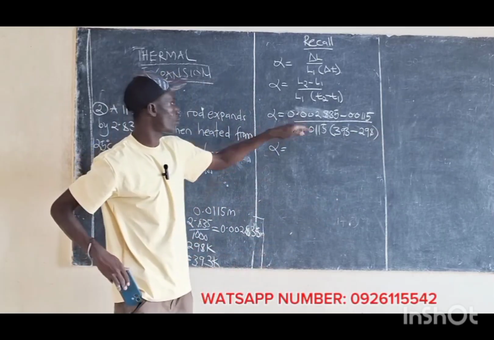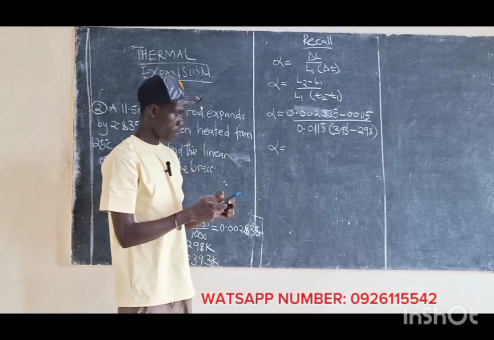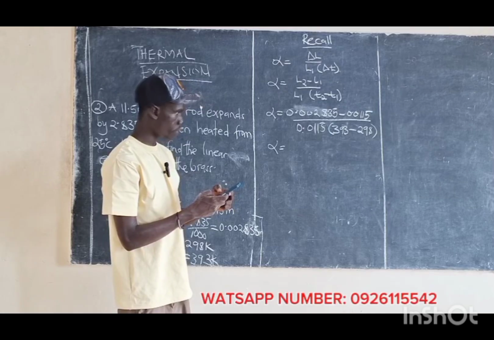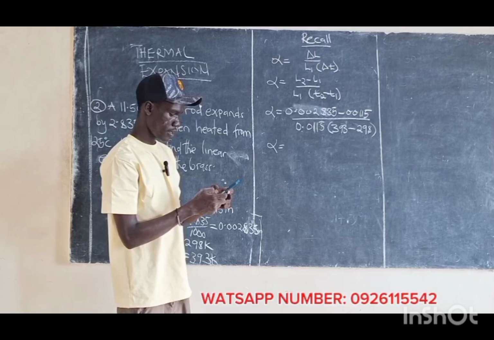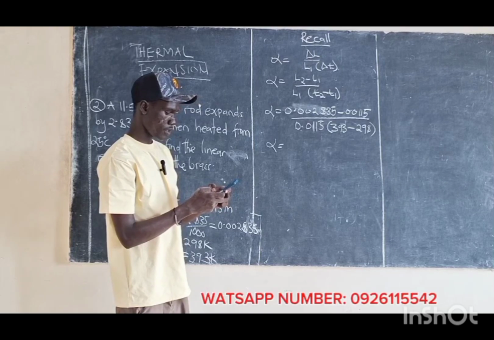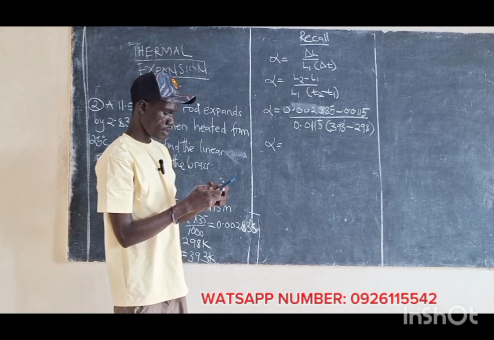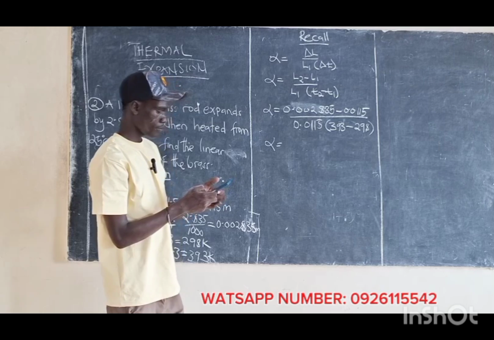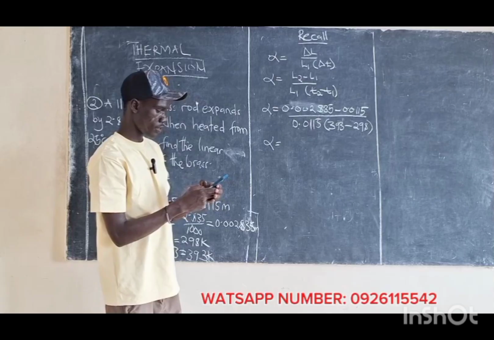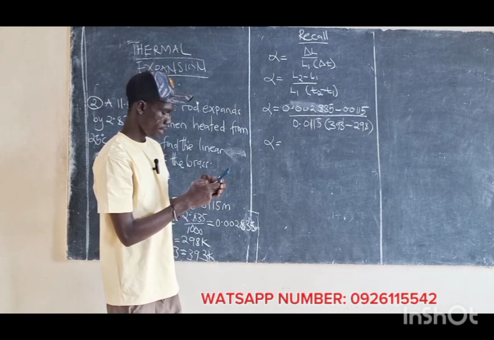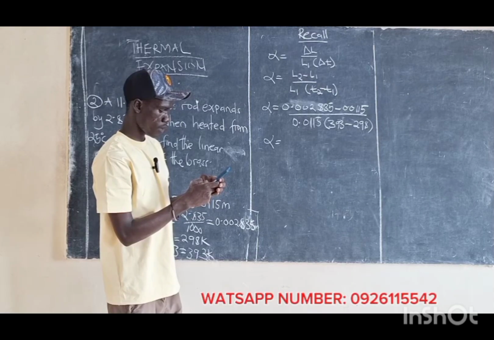Now let's continue the upper one. We say 0.02835 minus 0.0115.